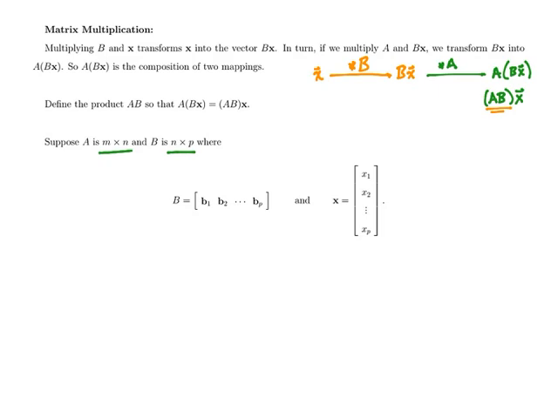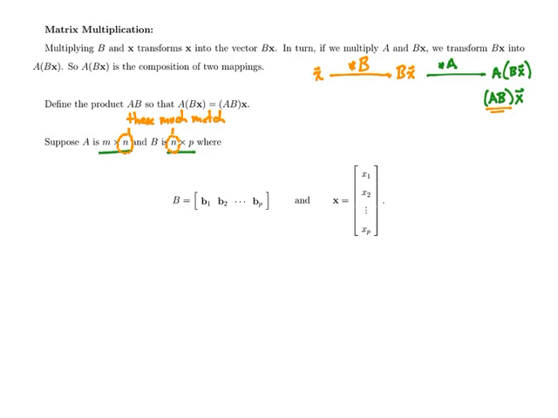It is very important that these two entries, the n and the n here, must match if you want to do matrix multiplication. The inside entries have to match, and we'll see why that's the case later on.